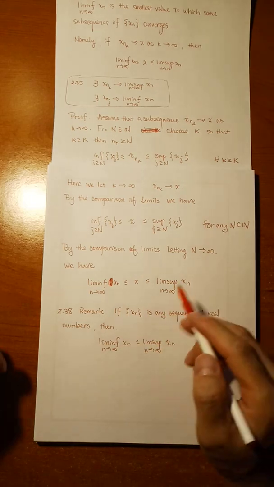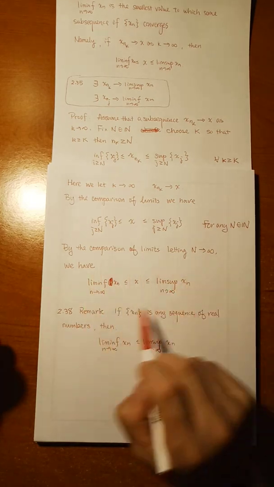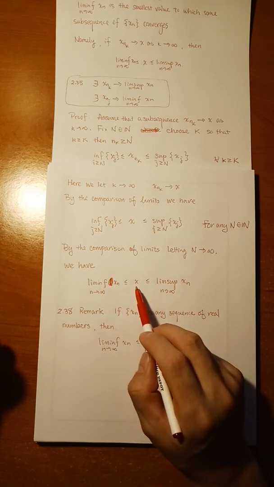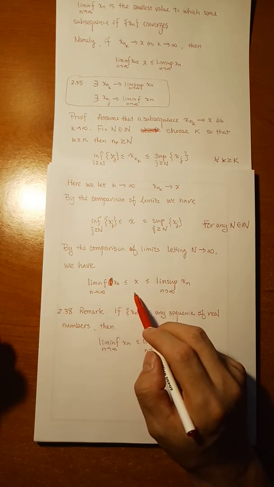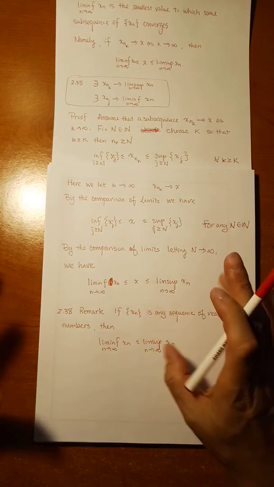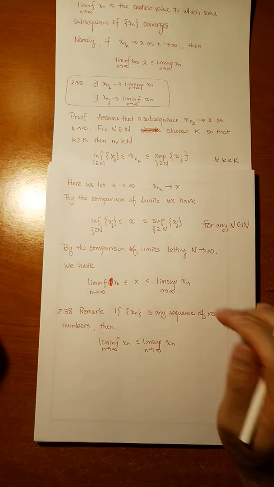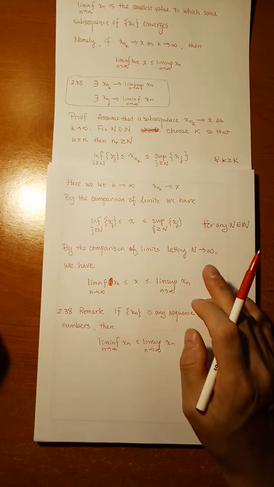Actually, this is a simple corollary of the previous result. You see here, lim inf is less than or equal to lim sup through the bridge xn. Okay, so it's just a simple corollary of the previous remark.